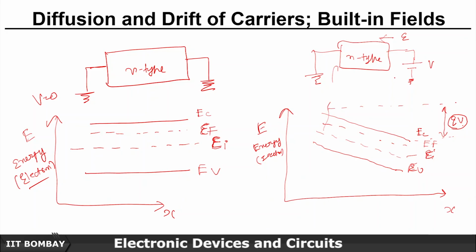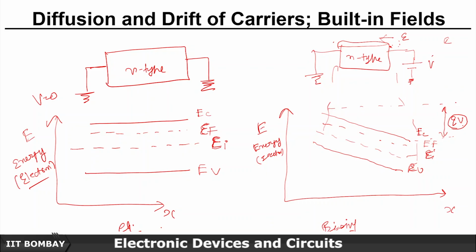If one has to move a charge q from here to here against this potential V, the amount of work done is qV. The energy will increase by this amount, qV. That's why you see it is increased in this direction. So this is the biased condition, where some biasing is there, and this is the equilibrium condition.